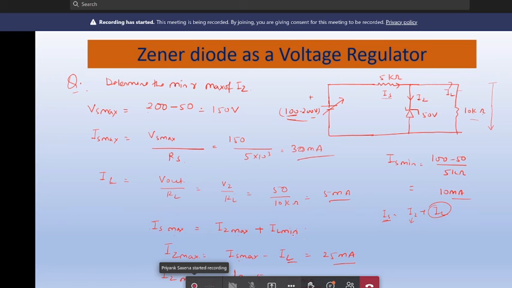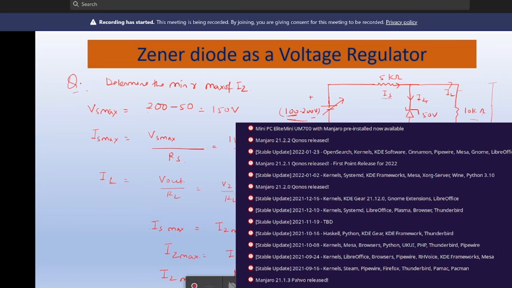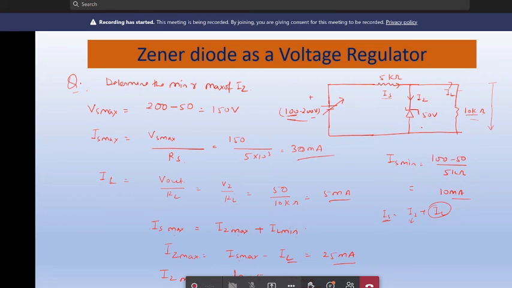See, generally when I am saying that this is IS, the total current is constant, no? So if the maximum current flows through this zener, that means the minimum is flowing through this. The maximum flows through this, then the minimum will flow through this. Minimum flows through the load. Since here load RL is not varying, IL is constant, right?